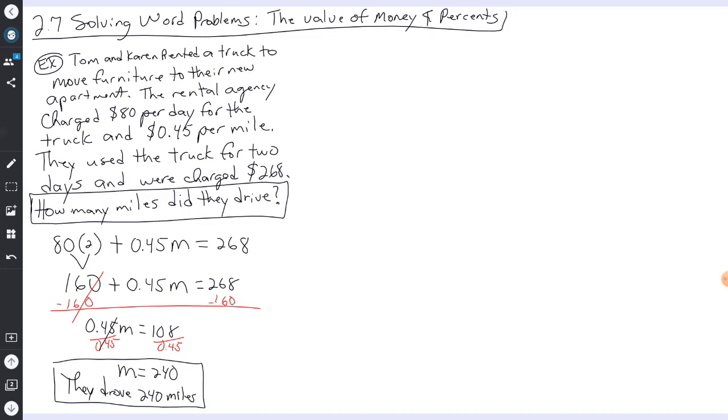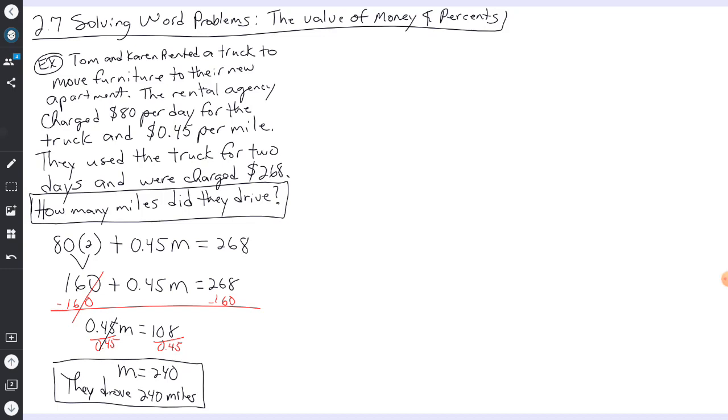There's not a formula, but we're continuing to learn how to write the equations out of the information that's given to us. It's an equation for this particular problem.